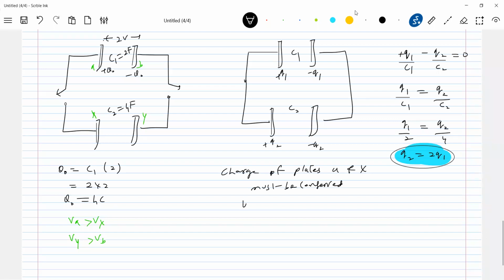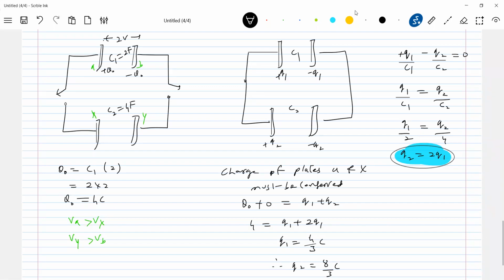The initial charge of this system, Q naught plus 0, is equal to Q1 plus Q2. Q naught is 4, and Q2 is 2 Q1. So Q1 is 4 by 3 coulombs, and therefore Q2 is 8 by 3 coulombs. This is the charge in both the capacitors.